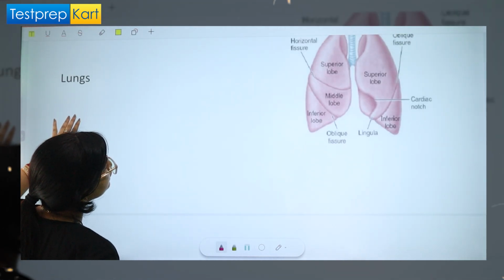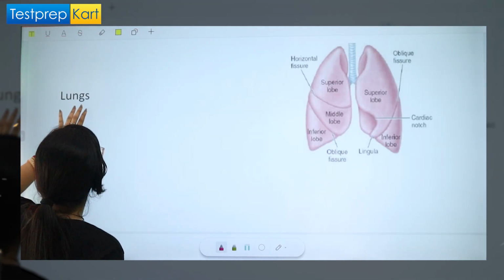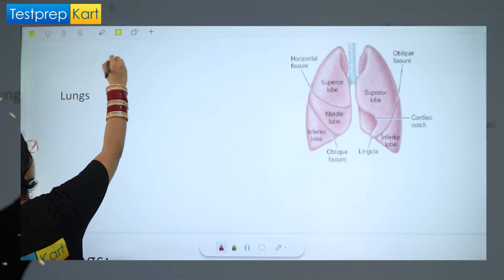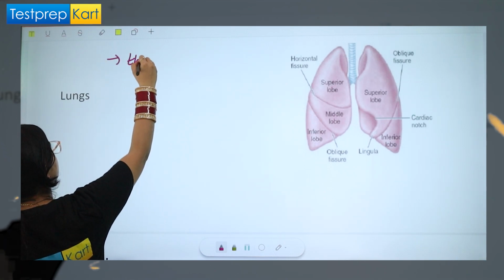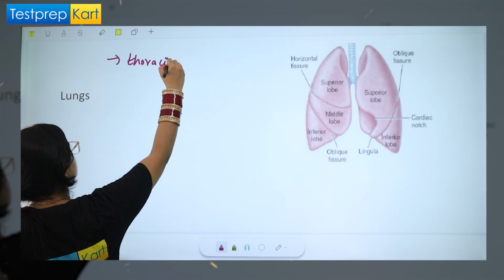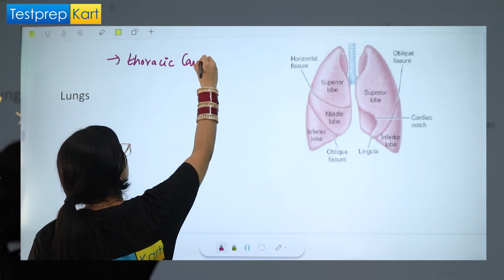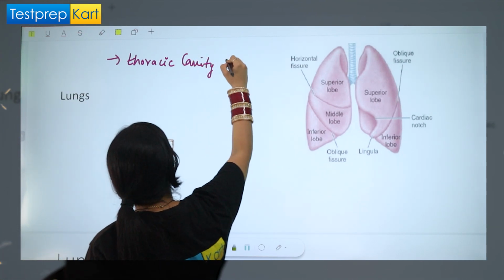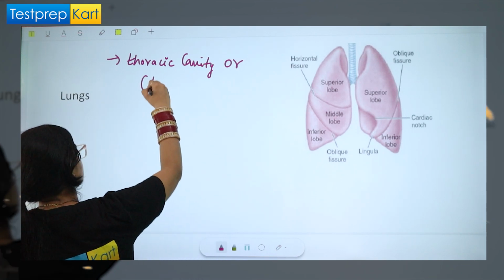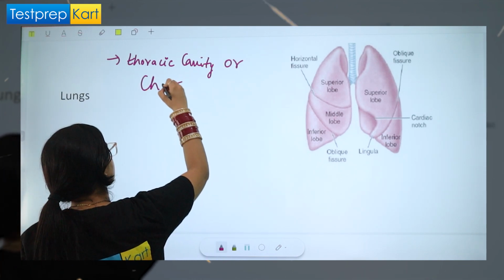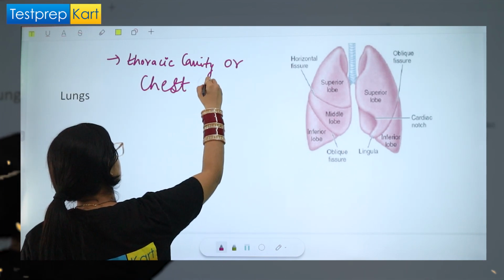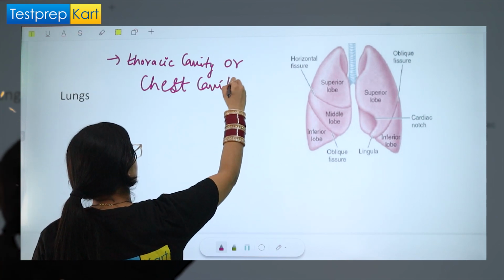When we talk about lungs, the lungs are present in the thoracic cavity, or chest cavity.